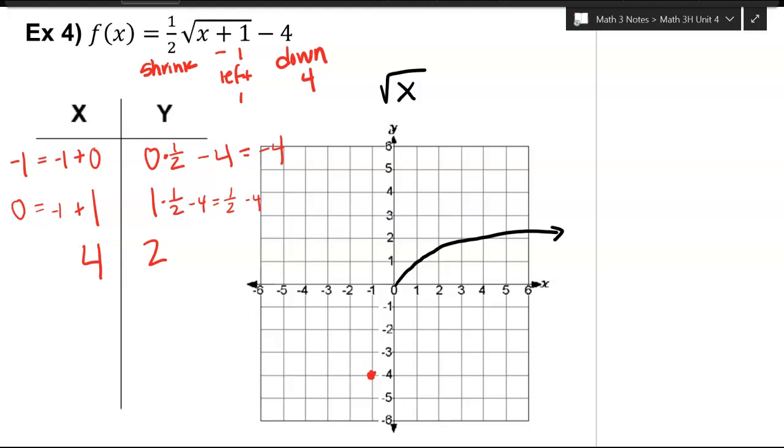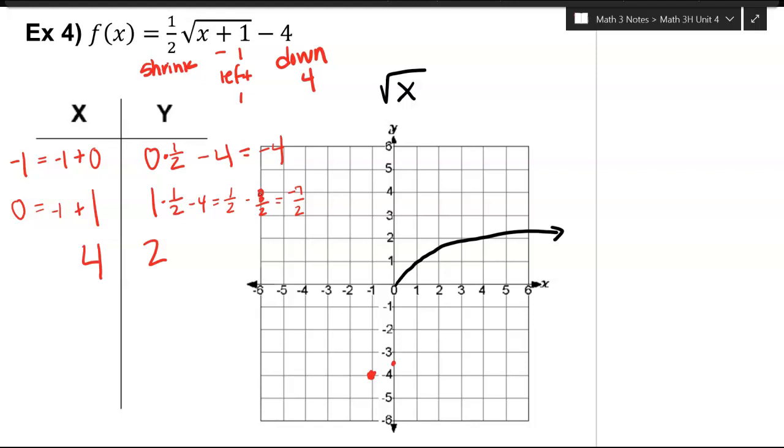If we turn 4 into a fraction by doing 2/2, that's going to be -8/2, which will be -7/2. So at 0, we're at -7/2, which is 3.5. So kind of in between 3 and 4.